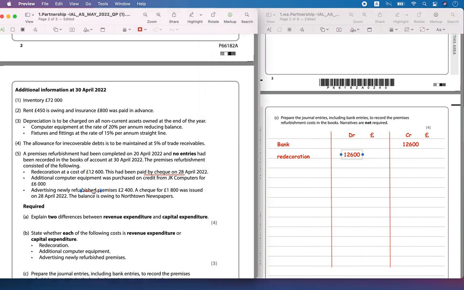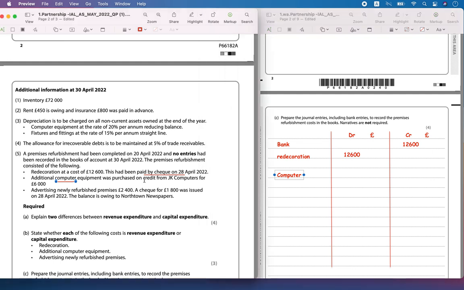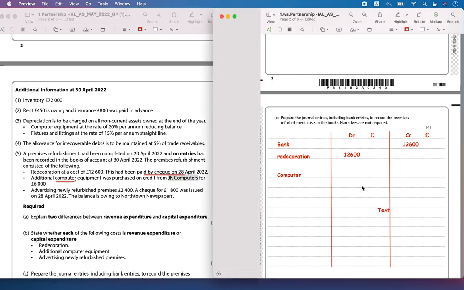Then we have additional computer equipment. It's an asset, so definitely I have to update my computer equipment account. But this was purchased on credit, not by check, from JK Computers, so he becomes a trade payables account.